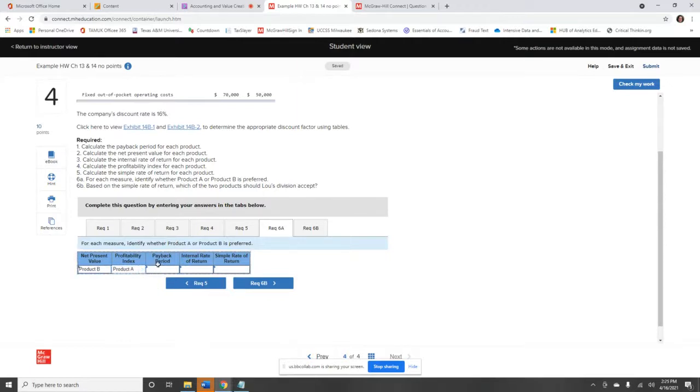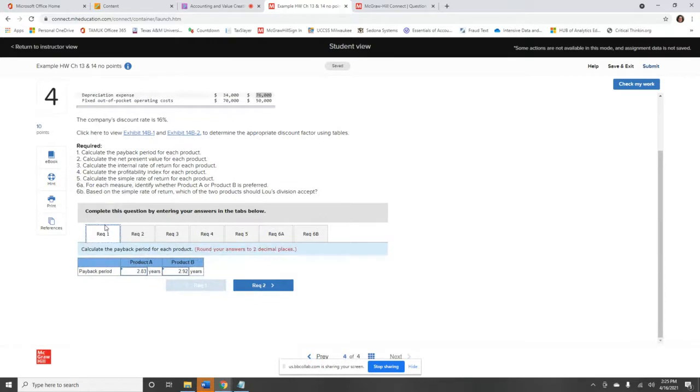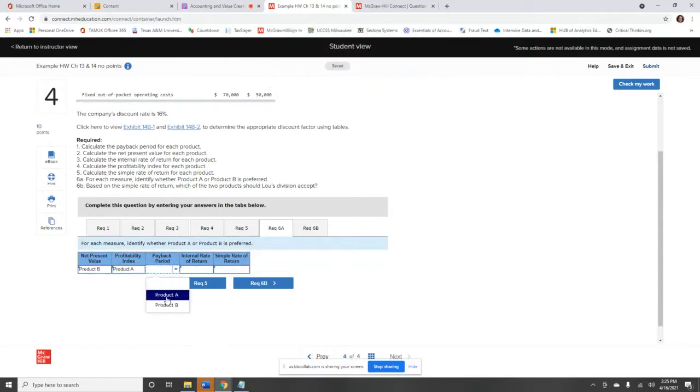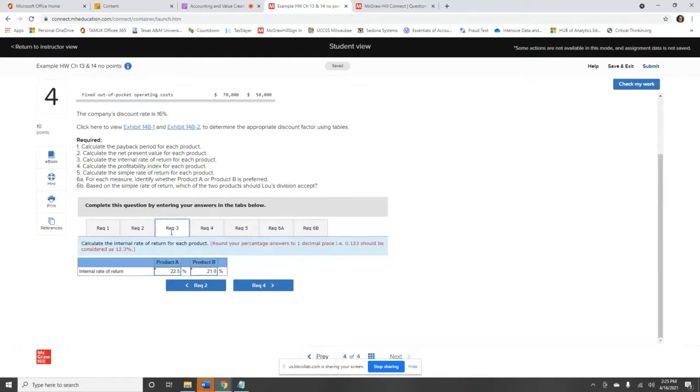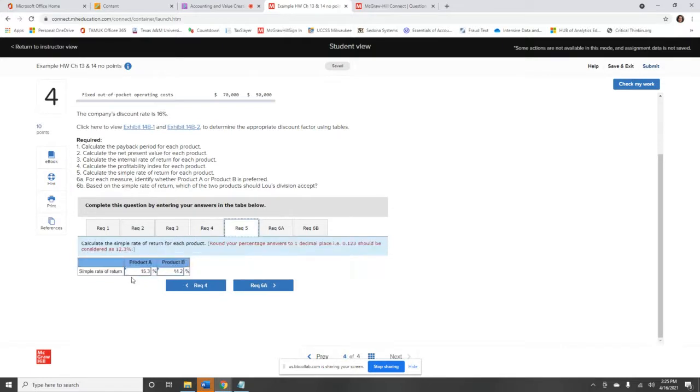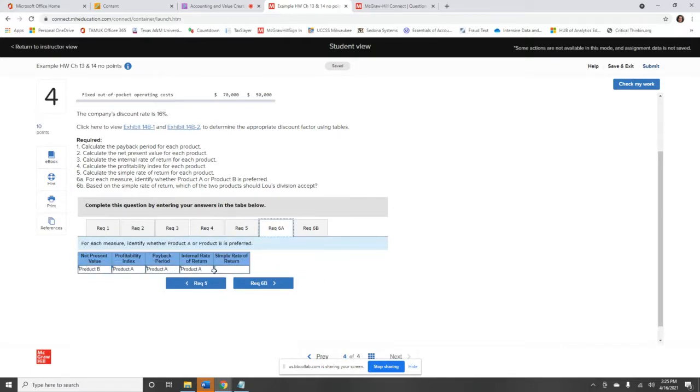Okay, and payback period, as I recall, pretty sure was product A. Yeah. All right, so product A. Internal rate of return, is that here? Yes. It's A again. So A is winning on many fronts. All right, and simple rate of return, we just did that, and it was A again.